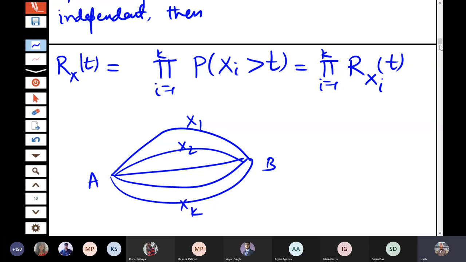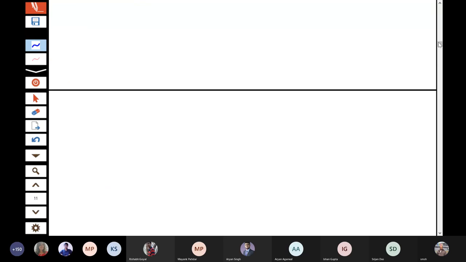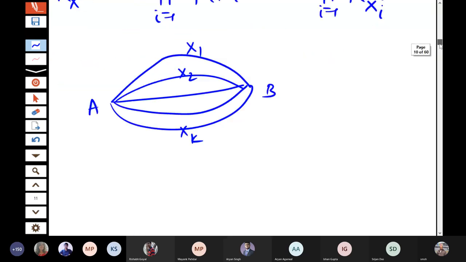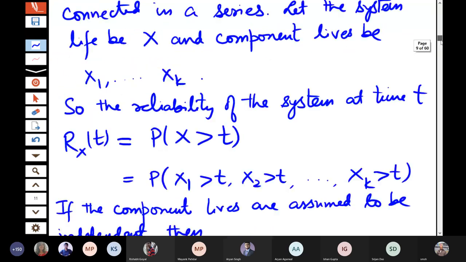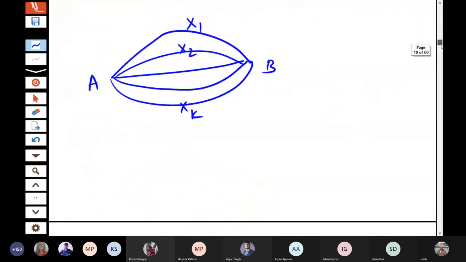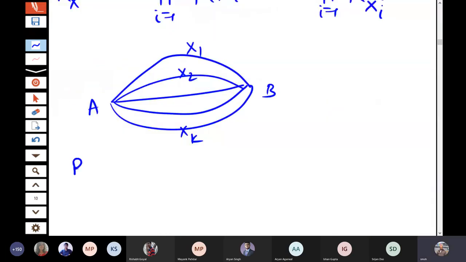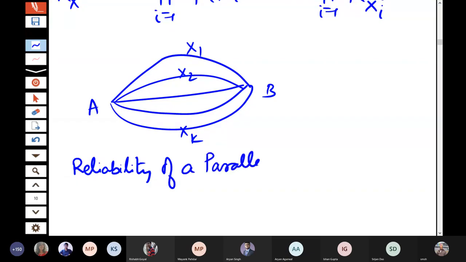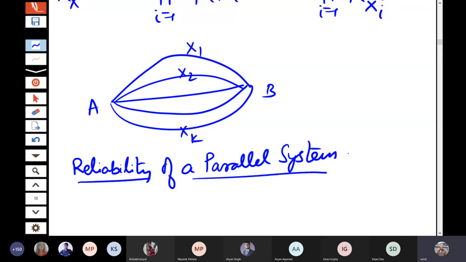So this is the reliability of a parallel system.